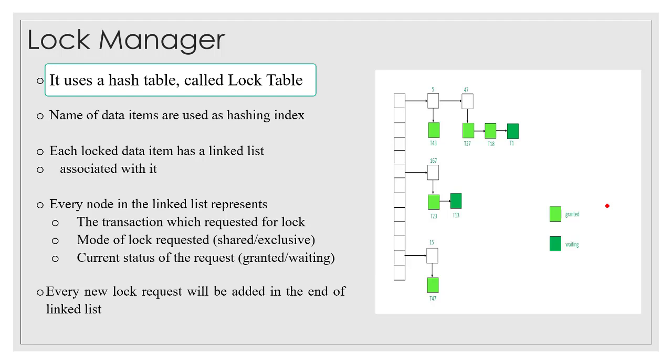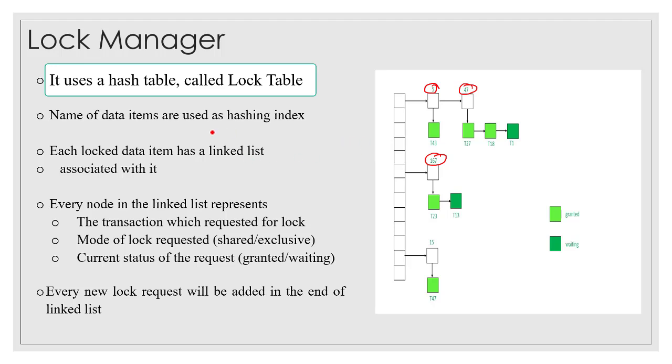The names of the data items are used as the hashing index. So using the name of the data item, if we go to this diagram, this 5, this 47, this 167 are the names of the data items.